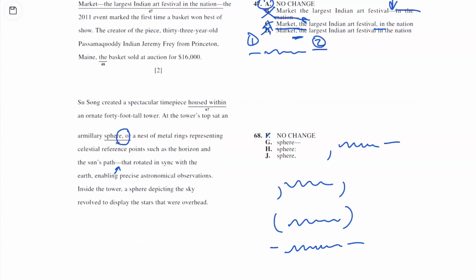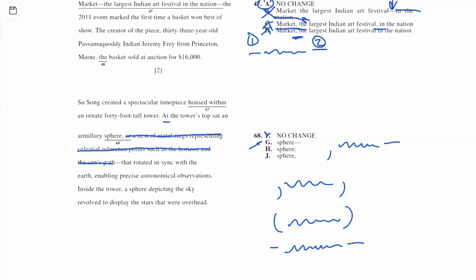So right now, no change looks like it's not great. I can look at G right away. If I'm thinking like a test maker, I would be changing that comma to an M dash, giving this M dash its rightful match. That looks good. And it's in the middle of a sentence. And now I have two. If I were thinking like a test maker, I'd go for that. And let's see if I can eliminate this information right here and the sentence reads well on its own.